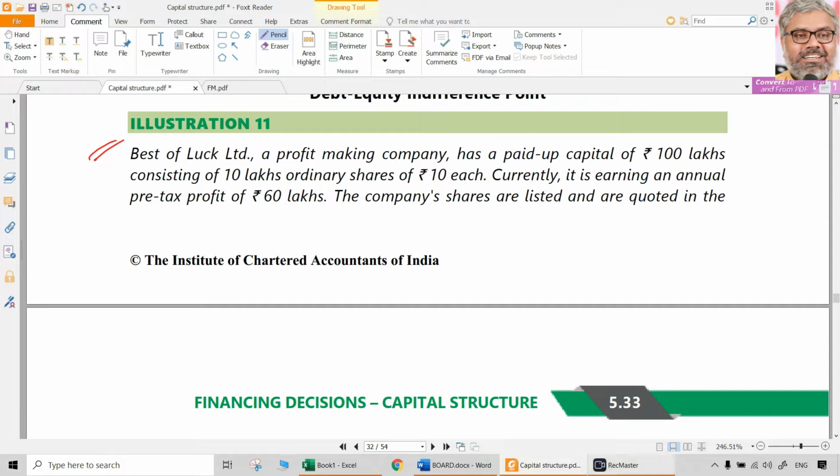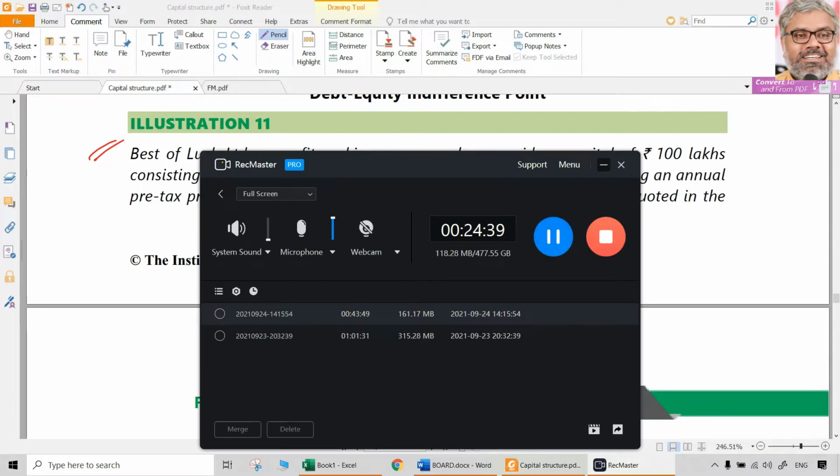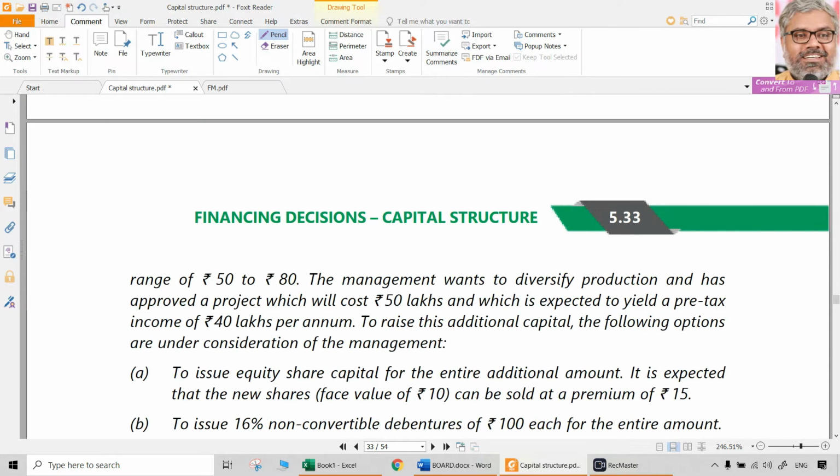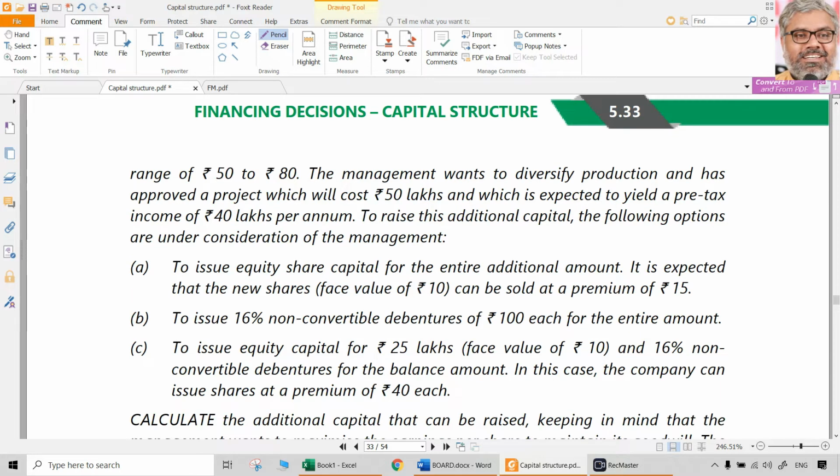Best of Luck Limited, a profit-making company, has a paid-up capital of 100 lakhs rupees consisting of 10 lakhs ordinary shares of 10 rupees each. Currently it is earning an annual pre-tax profit of 60 lakhs. Each word has to be carefully read. The company's shares are listed and are quoted in the range of 50 to 80.